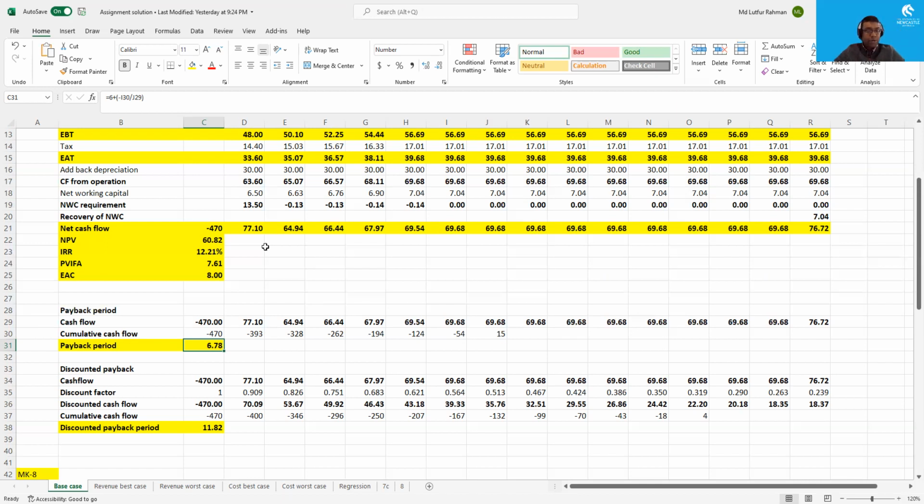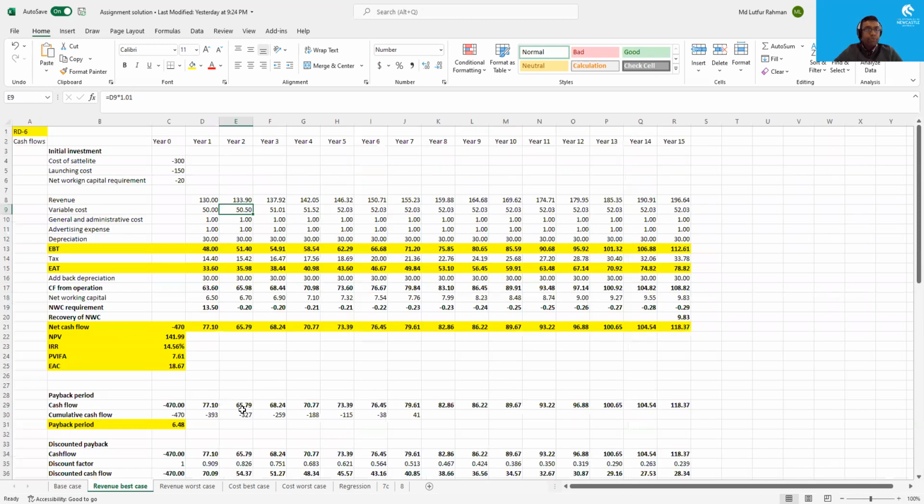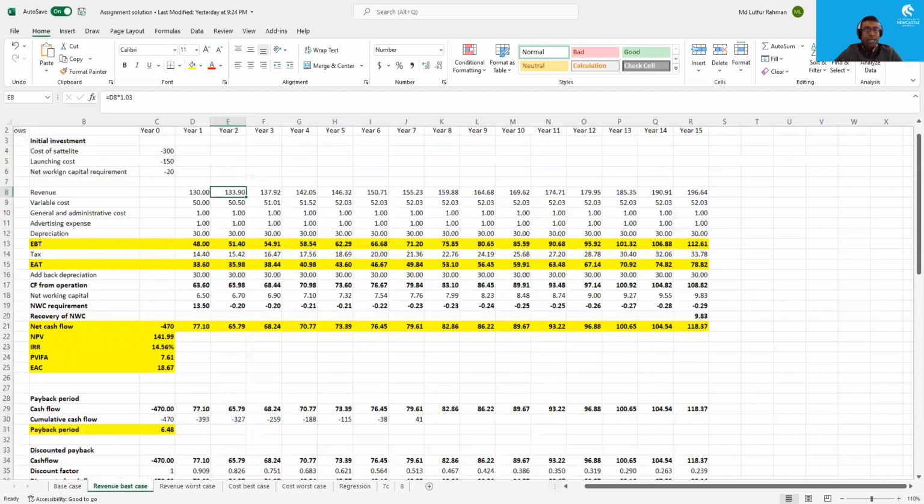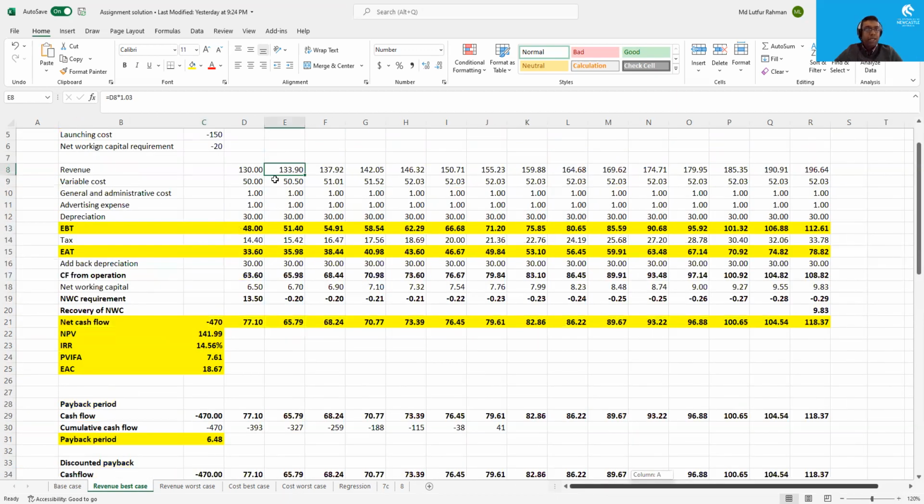Okay. So for example, here I show you that this is the revenue based case. I consider that revenue increased by 3%, you can see, but cost still increases by 1%, because that is the base case.